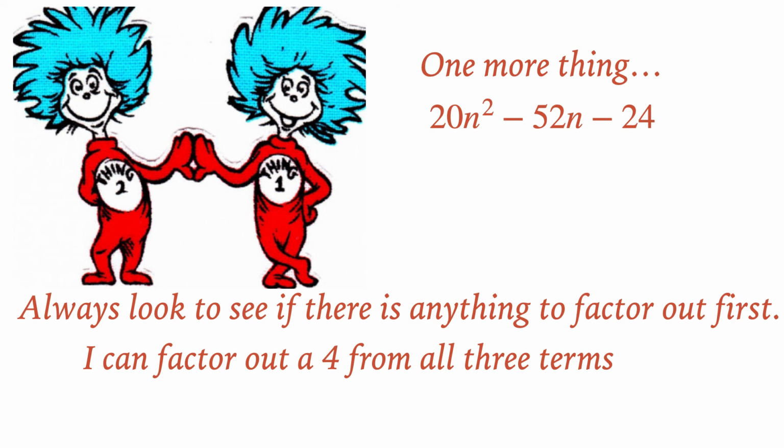Alright, so when I do that, I'm going to get 4 times the quantity of 5n squared minus 13n minus 6. Now I want you to finish factoring that trinomial for me. Slide that 5 over to the negative 6 and go ahead and begin.